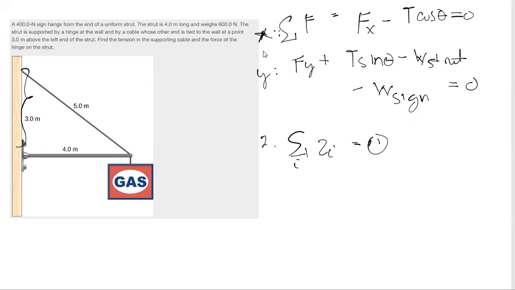The forces that may possibly give us torques are the vertical forces, because if you imagine, vertical motion here would result in a rotation. So any of these forces may result in rotation. Using our forces, again, we have your Fy, your W strut, and your W sign.